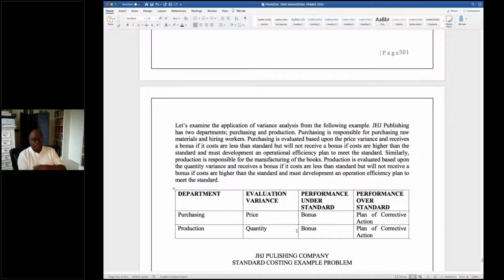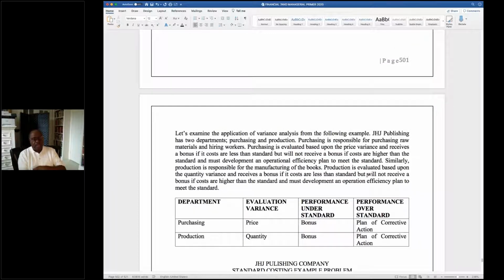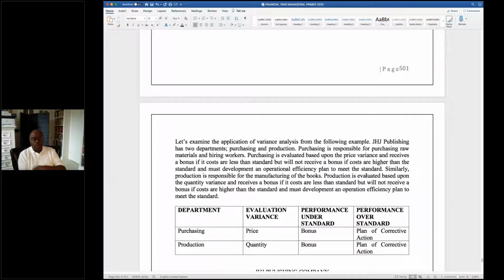Then in making the book and utilizing the ink, if the standard is 2, then I expect only 2 cartridges to be used. So if they use less than 2 or at 2, they get a bonus. But if they're greater than 2, then they've got to have a plan of corrective action. So you remember, we always bought more ink and more paper because we didn't want production to stop. But in actual practice, we're going to ensure that we are where we're supposed to be.